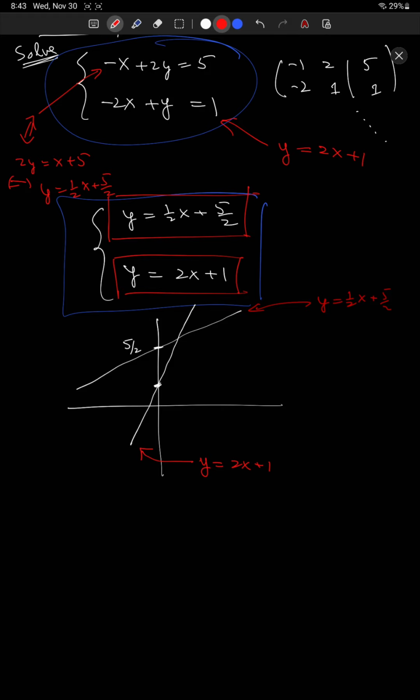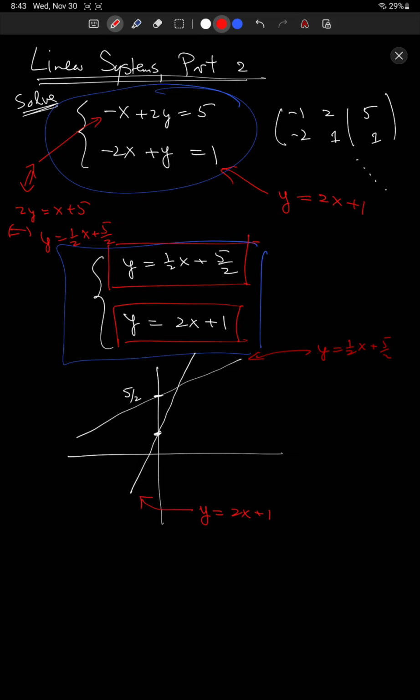Okay, what am I doing when I solve the system of equations? What I'm doing is finding x and y that satisfy this equation and this equation. All right. So when I find a pair of numbers, x and y, that solve the first equation, what I'm doing is finding points that live on line number 1.